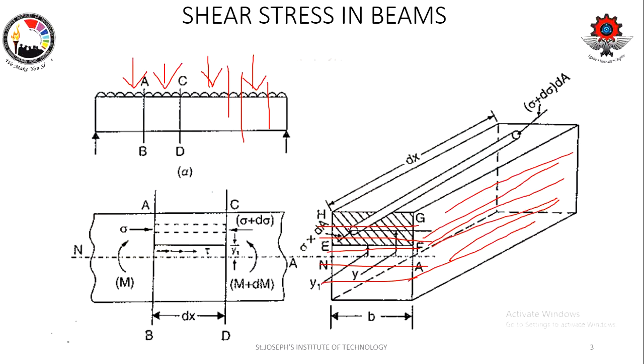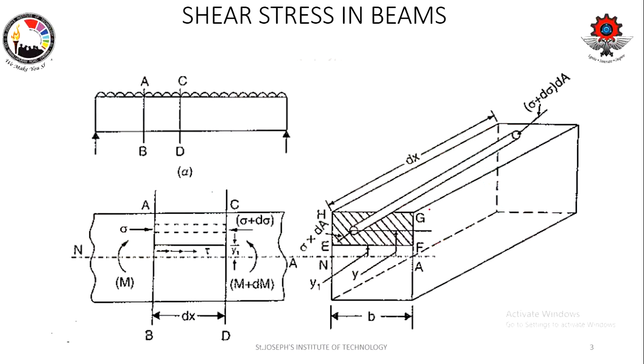If you also see this diagram, they have given an example like a cylindrical layer which is running longitudinally in the beam, right? So in this section, they have derived a formula for finding out the shear stress throughout the section.